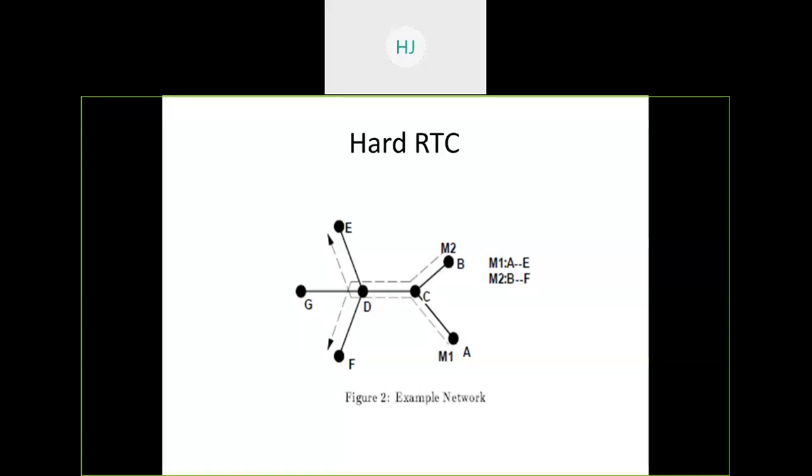For example, connection M1 follows the path A, C, D, and connection M2 follows the path B, C, D, sharing the link CD.